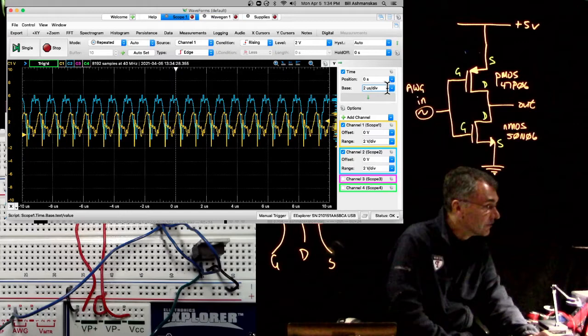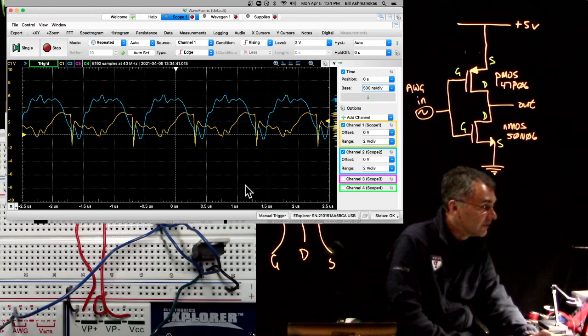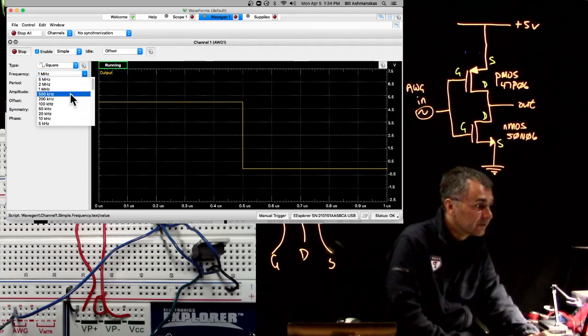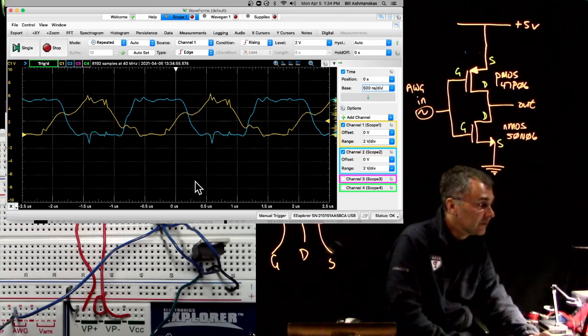So we can try a megahertz. Let's zoom in a little more. That's kind of hard to see what's happening. Okay, actually it really does pretty poorly at a megahertz. Let's try half a megahertz. That does okay, just barely okay at half a megahertz.